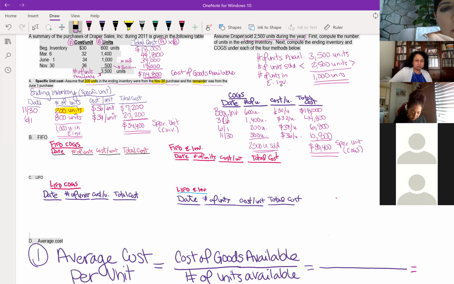Why is it called specific units? Honestly, I have no idea. I think you specifically identify the units that are sold or specifically identify the units that aren't sold. That's all. Sorry, can you please repeat that again? I didn't hear you. Specifically identifying specific units that are either sold or not sold.